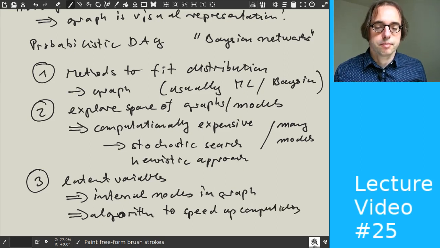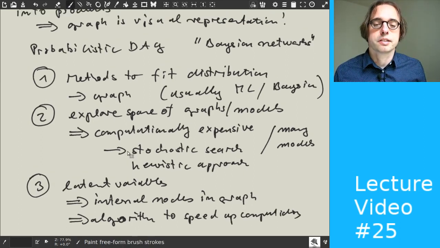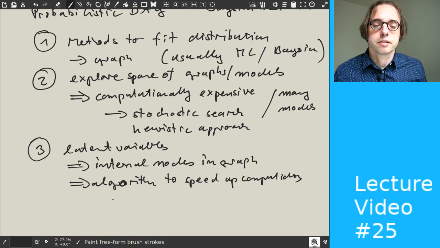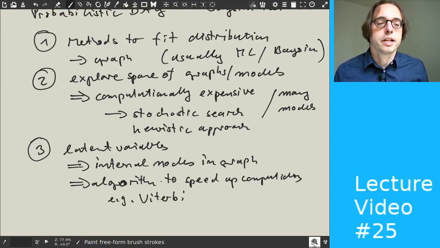For instance, one algorithm that you might have heard of is the Viterbi algorithm. That's basically a way to do it when you have a tree-like structure, then you can compute the likelihood function by some recursive algorithm. So there are lots of algorithms.